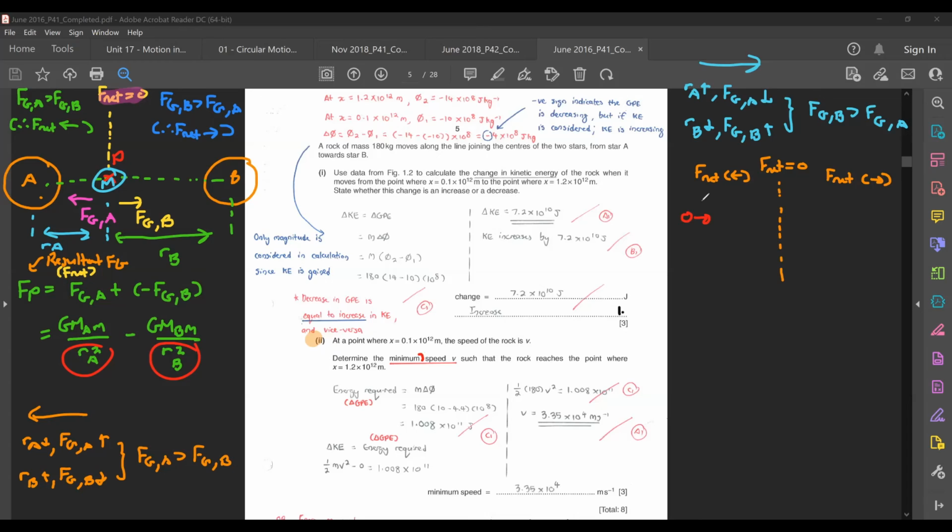Now, remember last time I mentioned to you in kinematics, in one of the recorded lessons, if you have watched it, if my motion is towards the right, but then I have a resultant force towards the left, which is basically opposite to your motion, your object will actually slow down, isn't it?